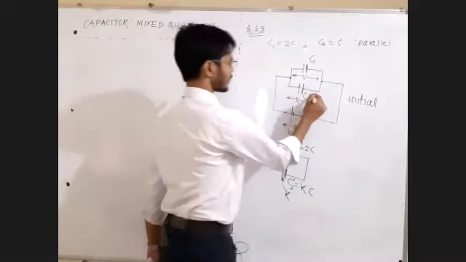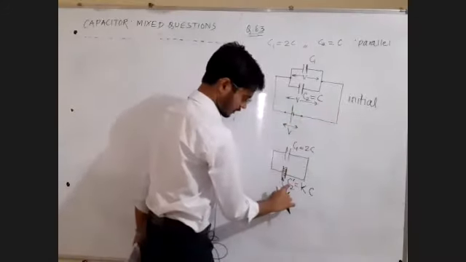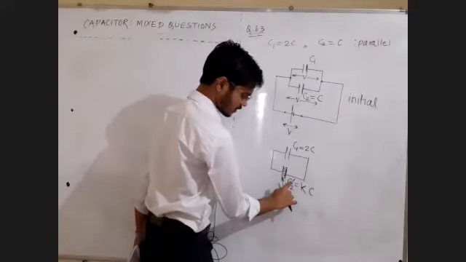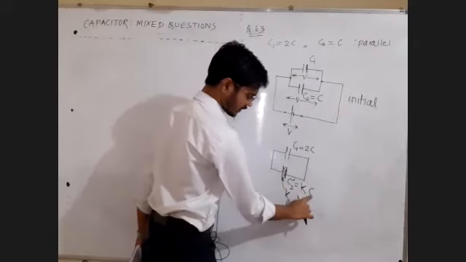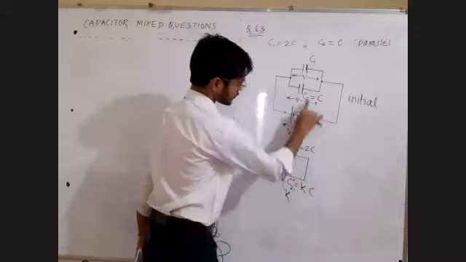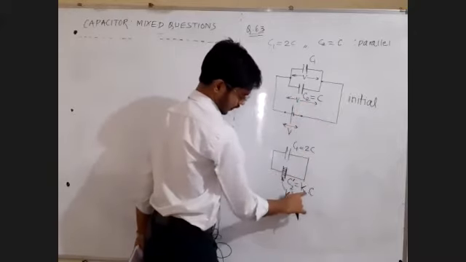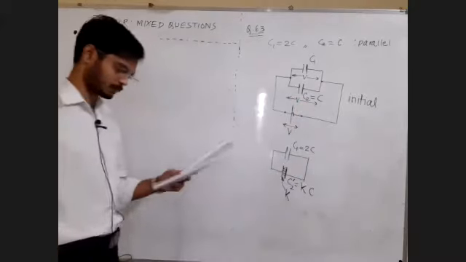Initially it was air. Capacity when there is medium, C2 dash, is equal to K times capacity when there is air. Capacity when there is air is C. Now there is medium.